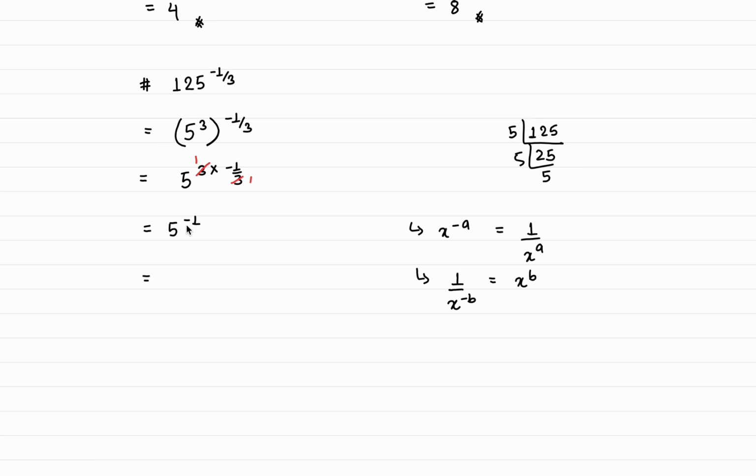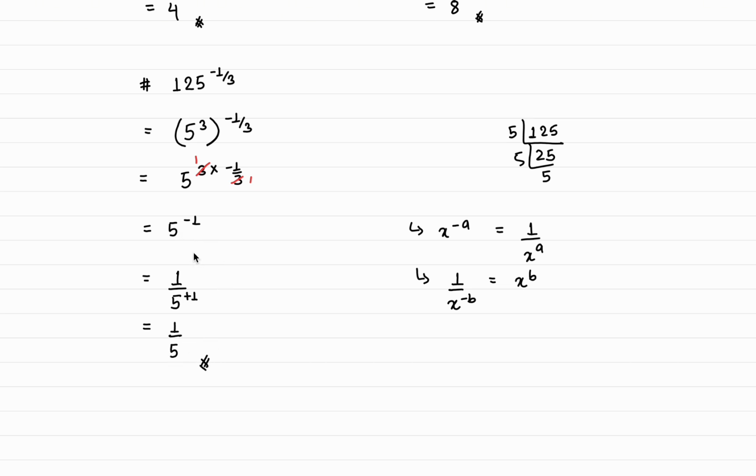So here we have negative 1. If we move this entire expression to the denominator, we are going to have 1 by 5 to the power positive 1, okay? And this is just 5 to the power 1, right? So we can write it as 1 by 5 to the power 1, which is 5, and that's it. So that's our answer of our fourth question.